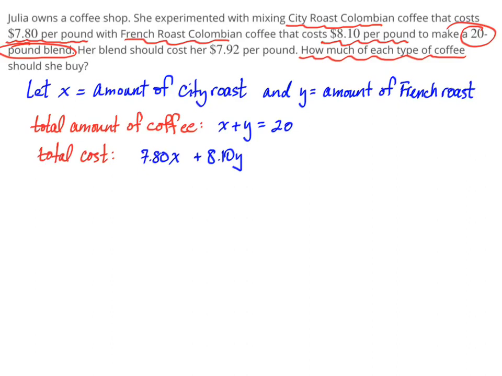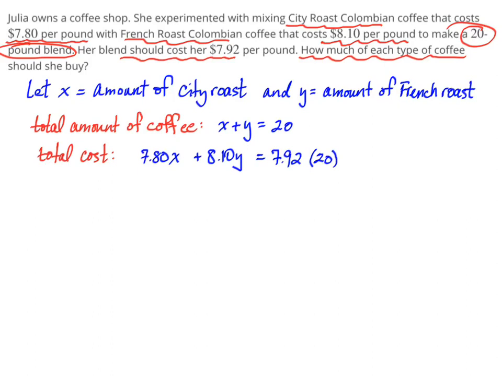So 8.10 times Y. And those two things added together, that's her total cost of coffee, all the money she's going to spend on coffee. And it's got to come out to the cost of the blend, right? And the blend, she wants it to cost $7.92 per pound, and she's going to make 20 pounds of it. So the total cost of the blend has to be 7.92 times 20.